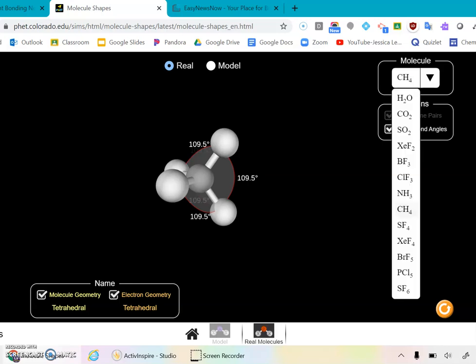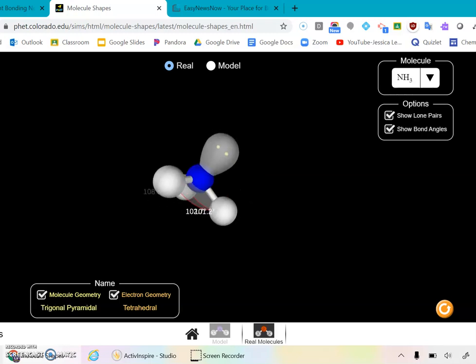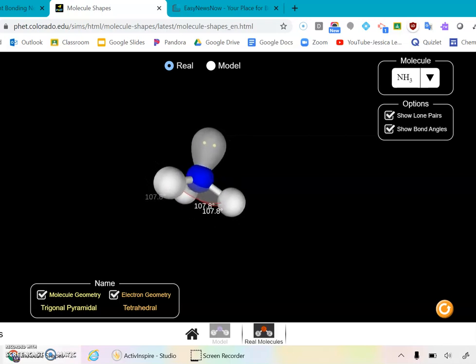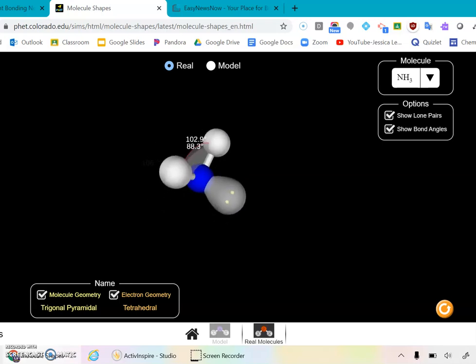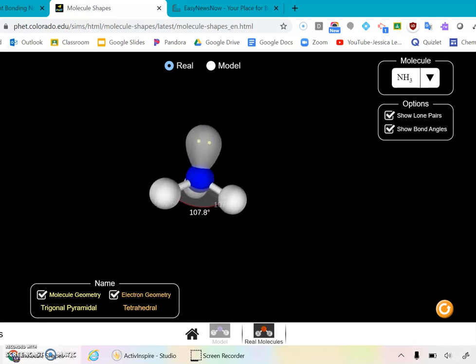Ammonia, NH3, has a bond angle of 107.8 because it has this lone pair here, giving it that trigonal pyramidal shape, which really does show us the lone pair definitely factoring in up here.